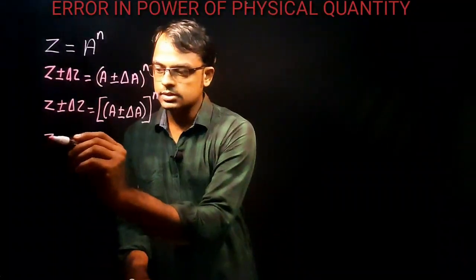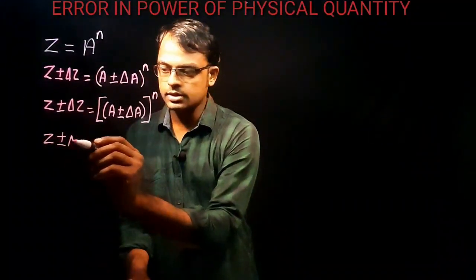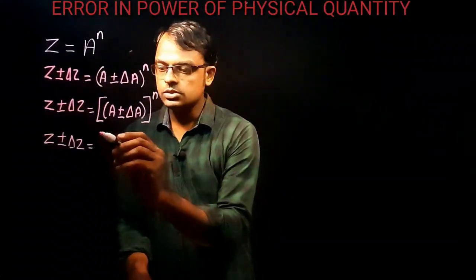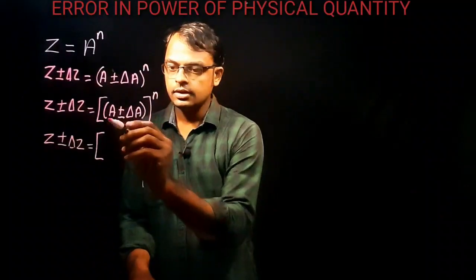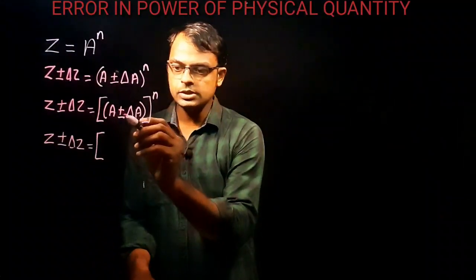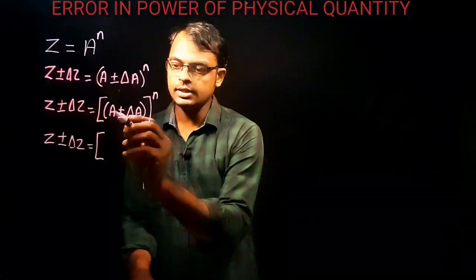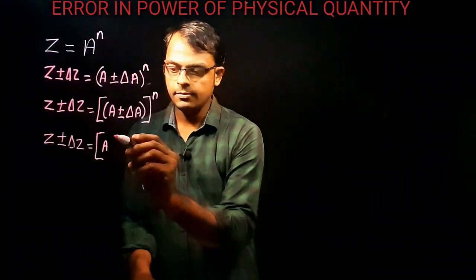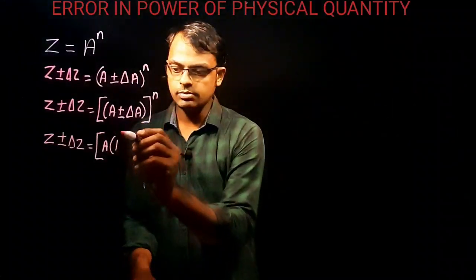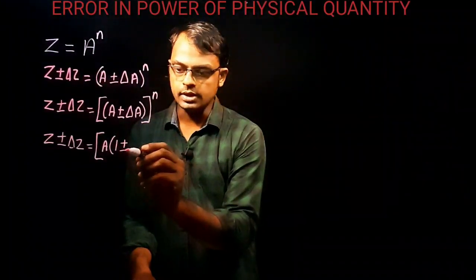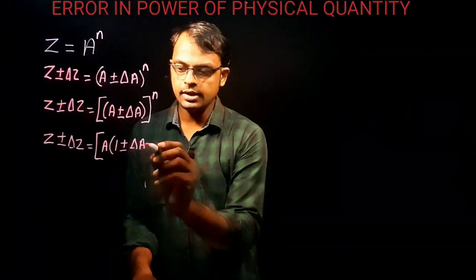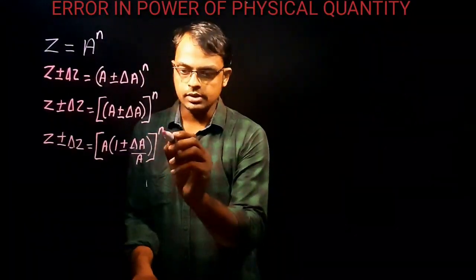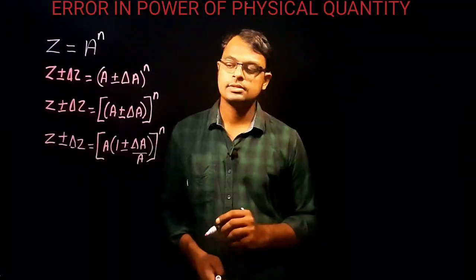Now inside the bracket you can see a plus or minus delta a. What I am doing here is taking the a outside from this equation. So I can write a, and this term becomes 1 plus or minus delta a divided by a, bracket close, all to the power n.